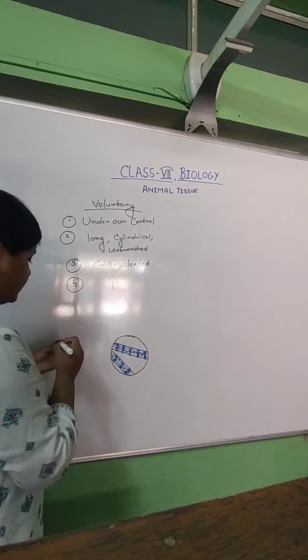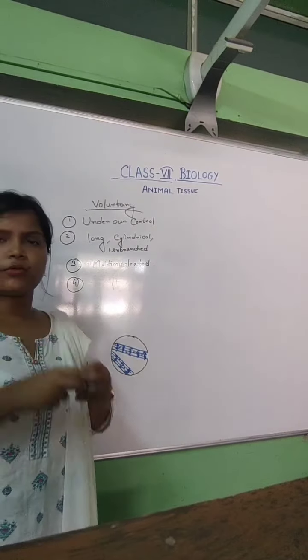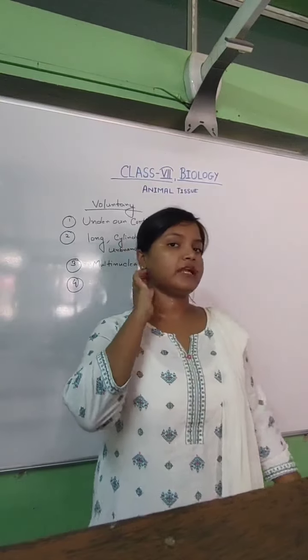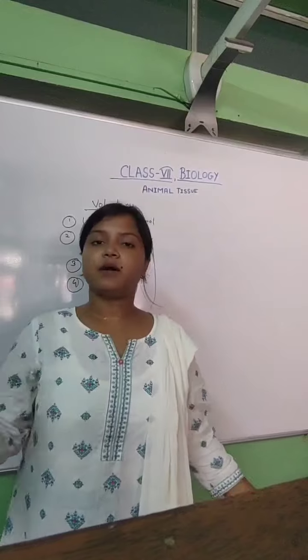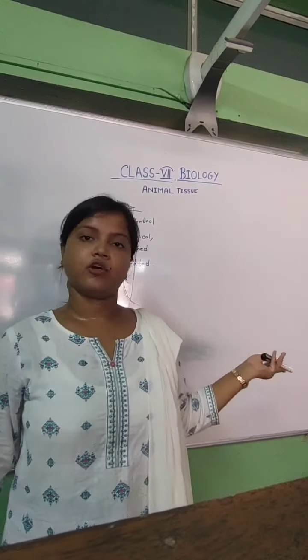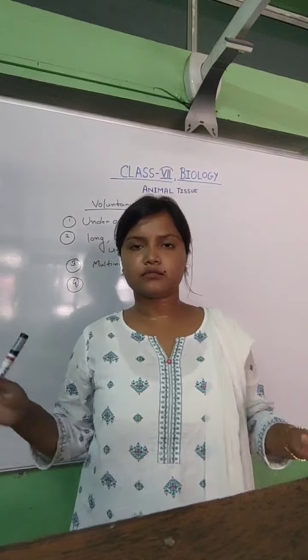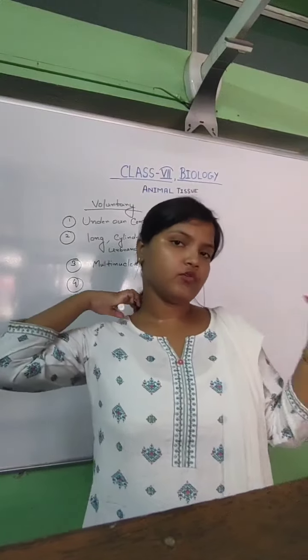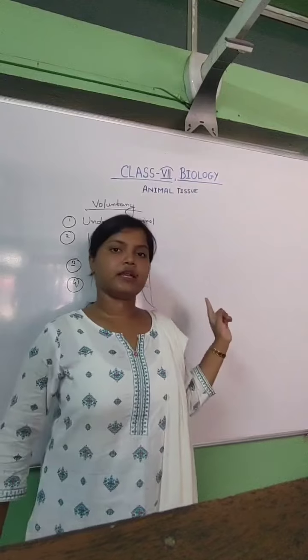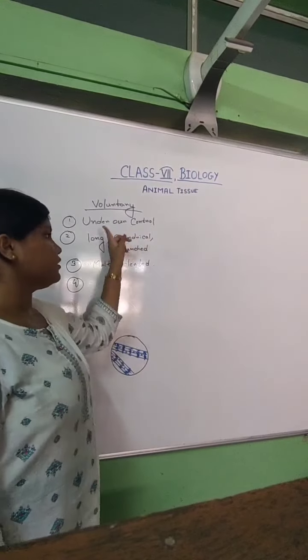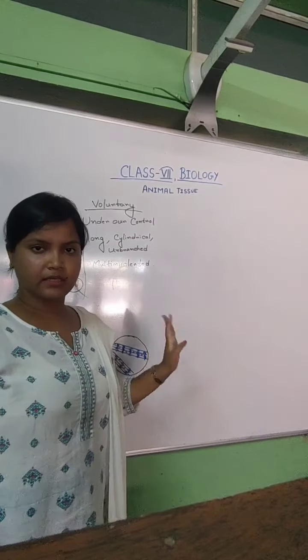The fourth point would be, where can we find it? In every body part that we can move as per our will, there we can find voluntary muscle. Don't try to just memorize and remember. Just understand that if I can move my hand as per my will, there should be voluntary muscle present there. Okay.